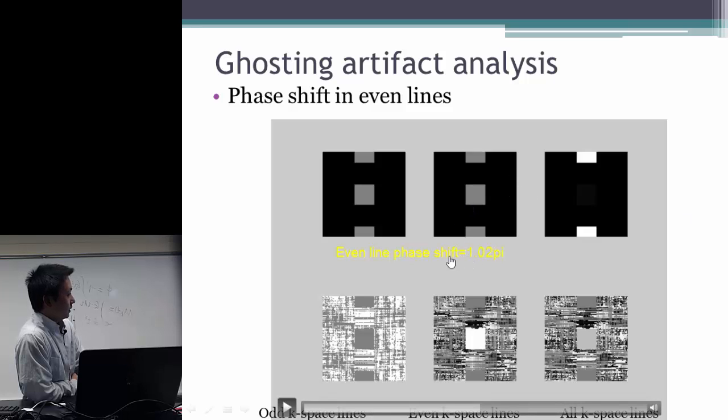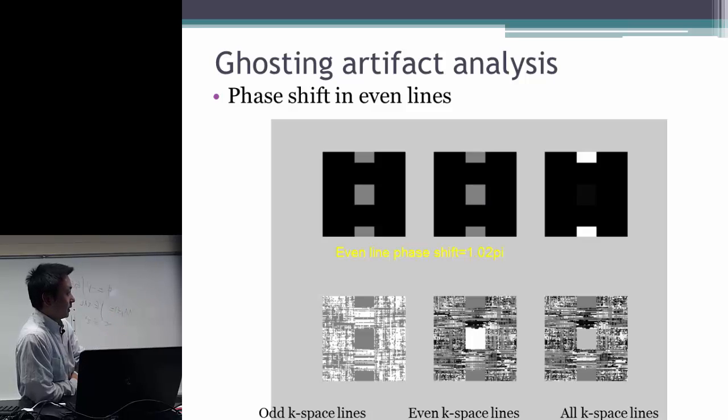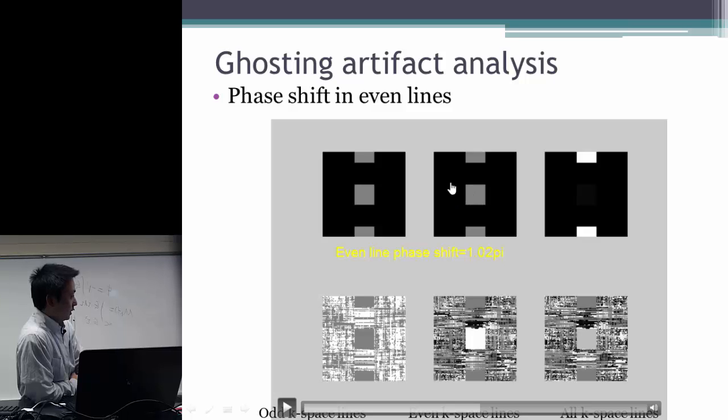So when this phase shift is 1 pi for the even lines, the image reconstructed by the even lines would be the opposite of the odd lines.